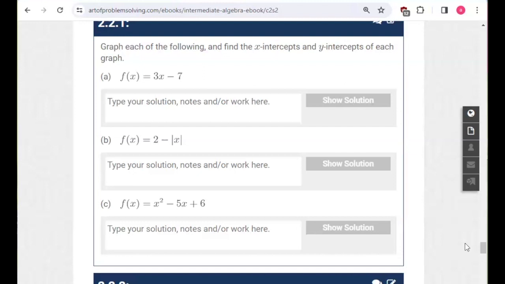Okay, I've moved to the top of the page again. Go ahead. Graph each of the following and find the x-intercept and y-intercept of each graph. f of x equals 3x minus 7.